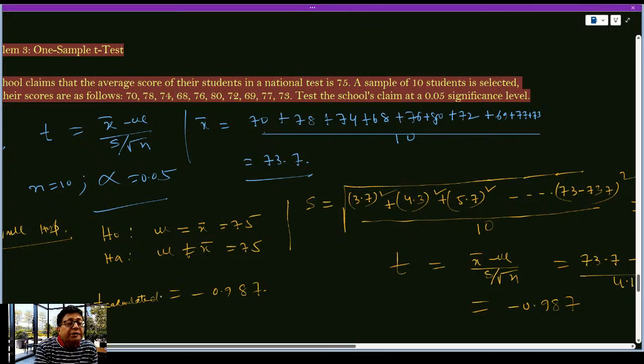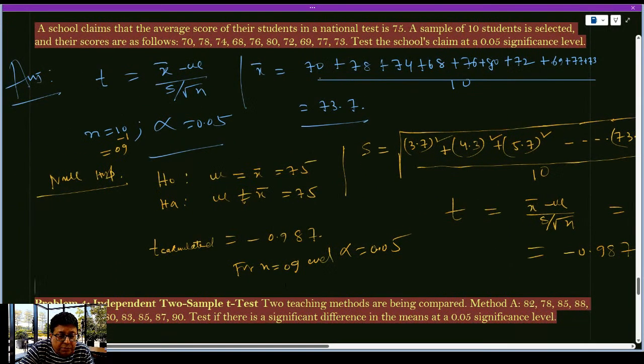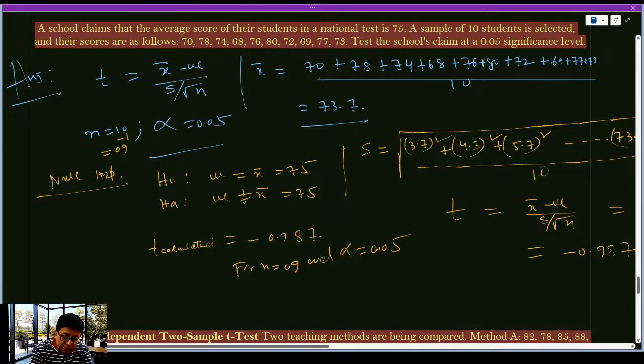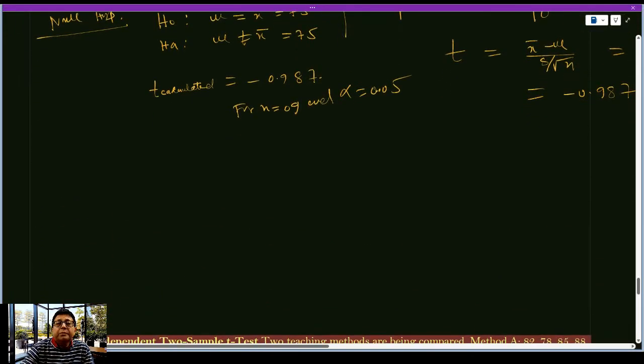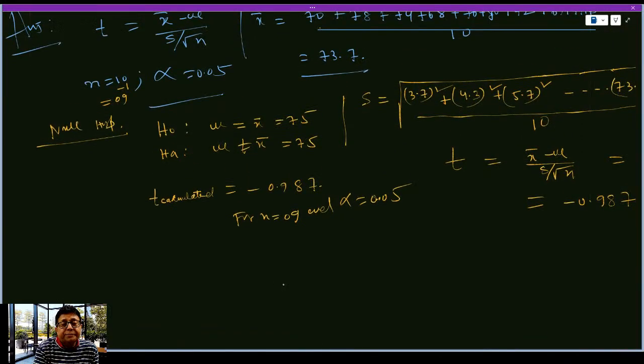Now with degrees of freedom, I wrote wrong here. Please, you don't make the mistake. For n equal to 9, and alpha equal to 0.05, just find the value.